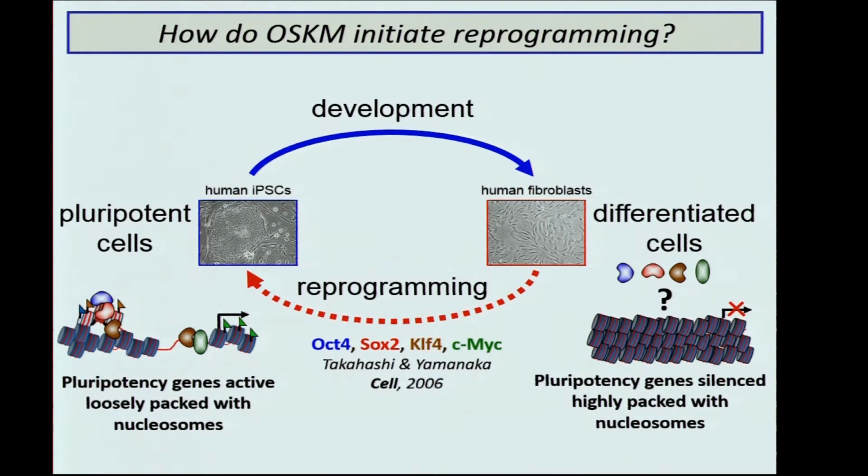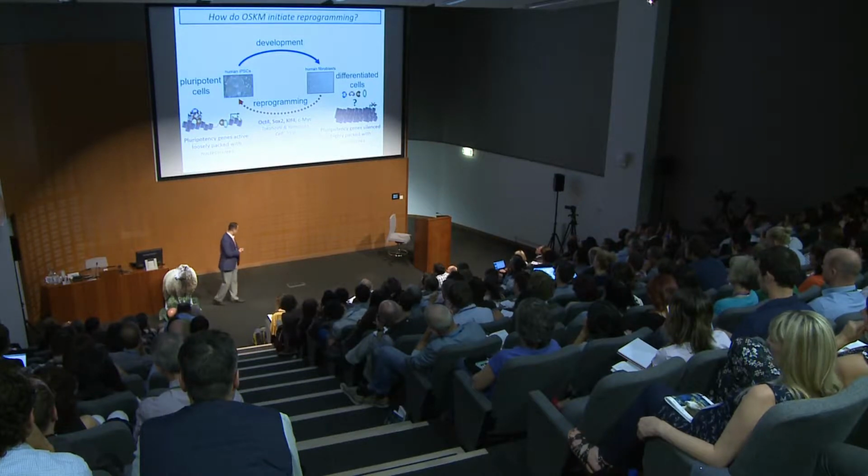This is strikingly different from the state in which pluripotency genes are active in the pluripotent state, where they are loosely packed and the DNA is accessible for these factors to interact with. So the question is how these factors interact with the genome in fibroblasts in order to activate these genes.